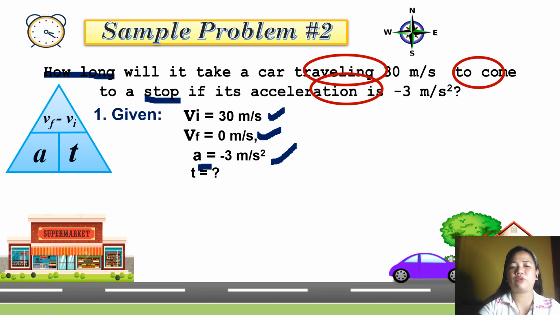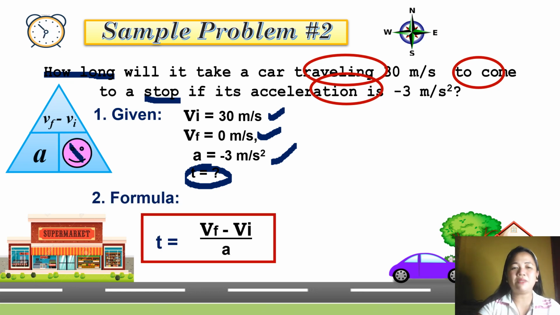So, we have to look for the time. In looking for the time, let's just cover it. So, the formula will be time is equal to Vf minus Vi over acceleration.